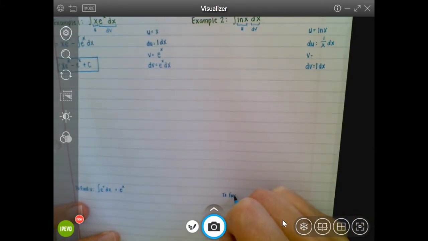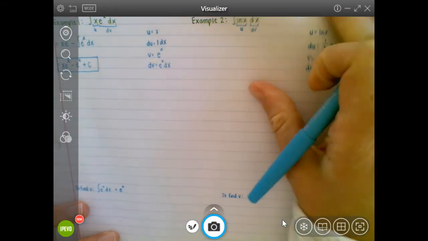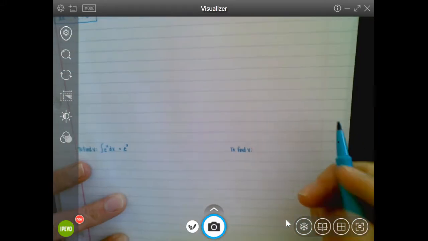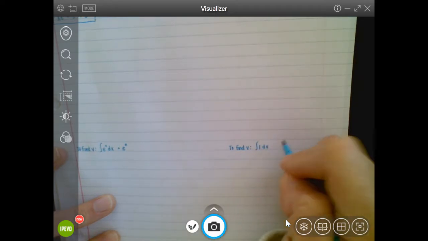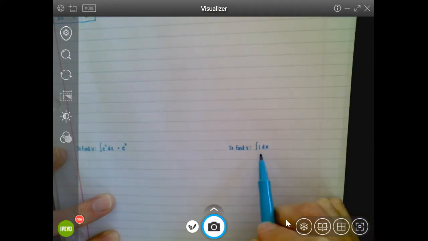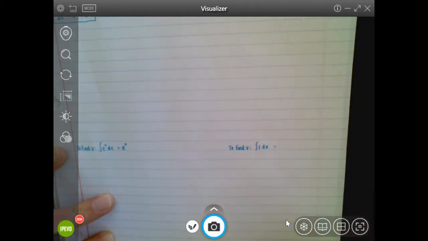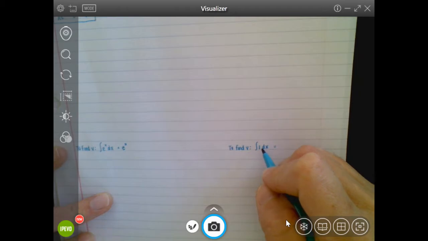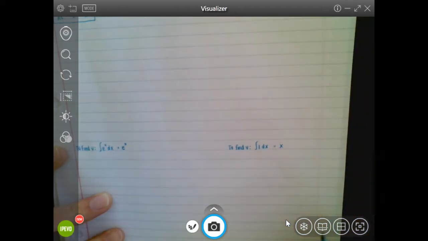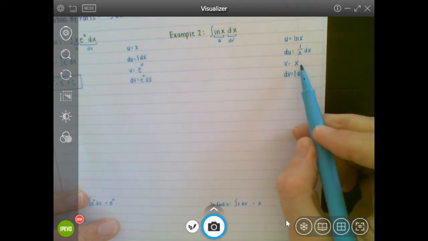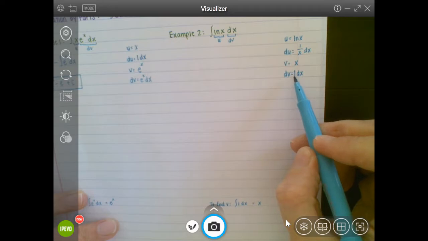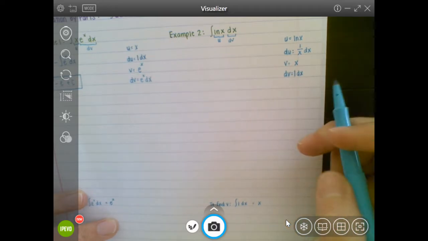This is pretty simple again, but what this is basically asking us to do to find v is take the integral of 1 dx. So if this was our derivative, what was the function that we were originally starting with? Well, the integral of 1 dx is actually just x. And we can think about that as, okay, if we're starting with a function of x, what's the derivative of x? Well, the derivative of x is just 1 dx.